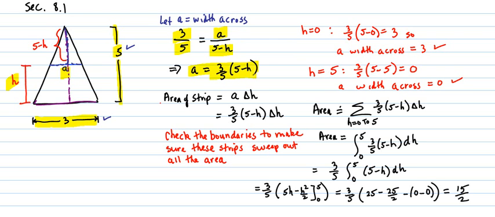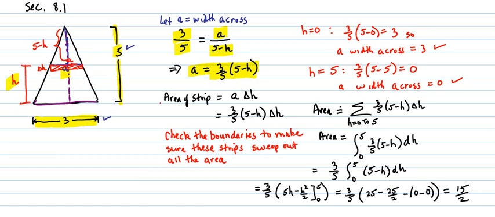So the area of a strip, which we can see at the height h off the ground, a representative strip is right here. It has width A and it has delta h increment in the height there.